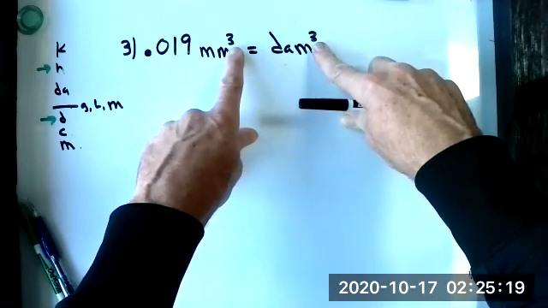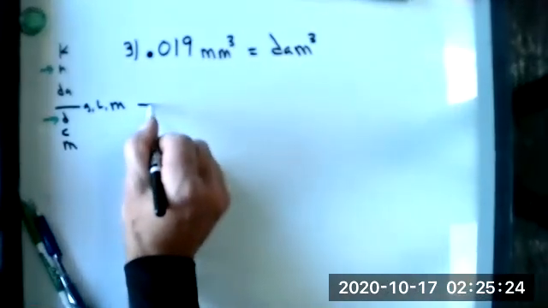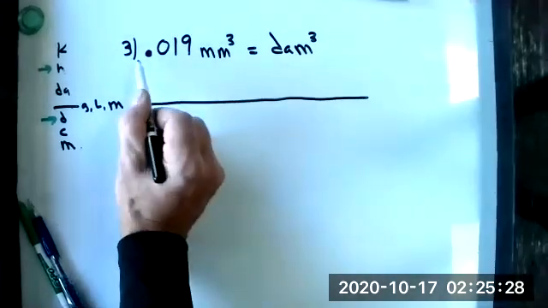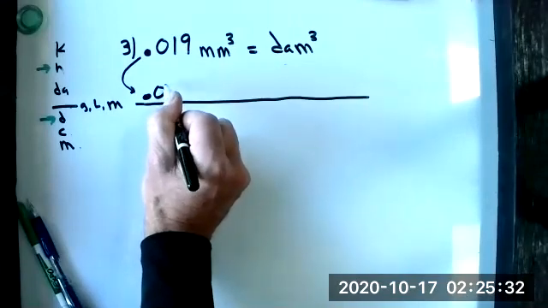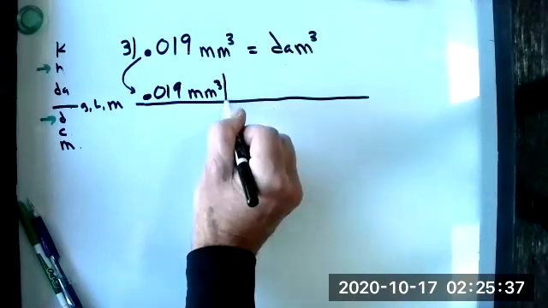Watch when I build the bridge now. Well, the nice thing about the bridge, you still start with the same steps. My very first step is to take the number they gave me and the unit and put it over 1.